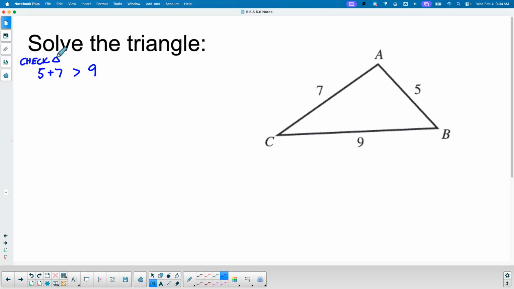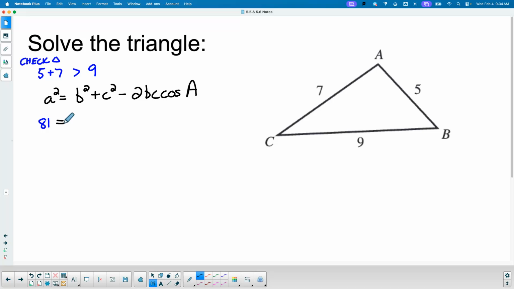So we're going to find angle A. So that means I'm going to be using A squared is equal to B squared plus C squared minus 2BC cosine of A. So A squared would be 9 squared, which is 81.